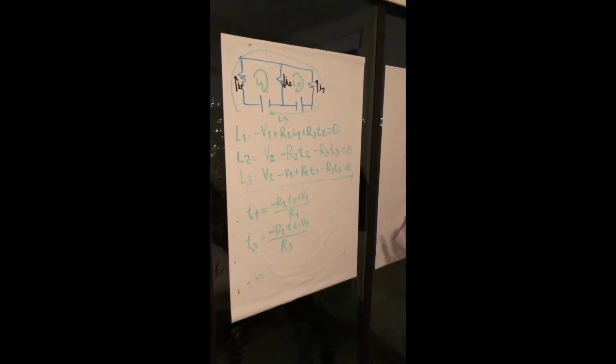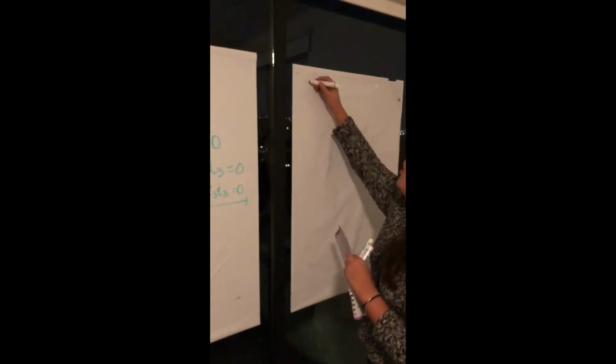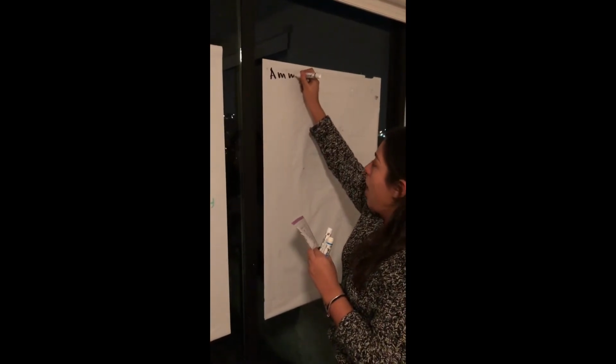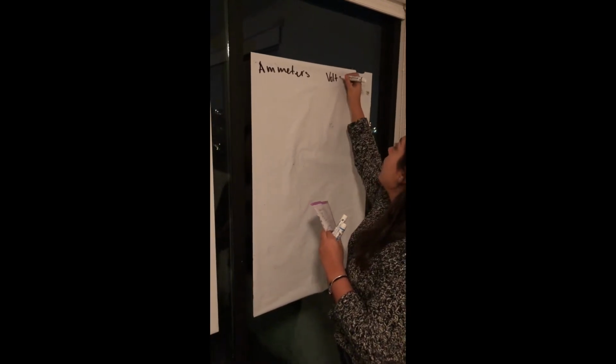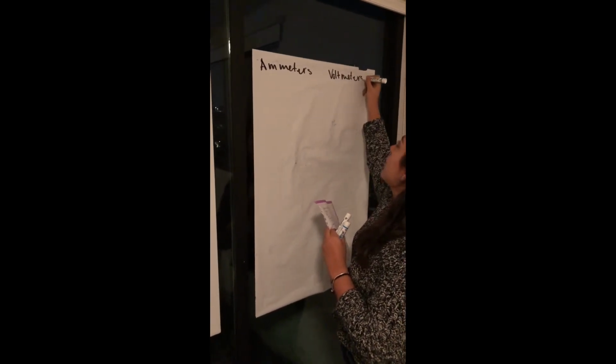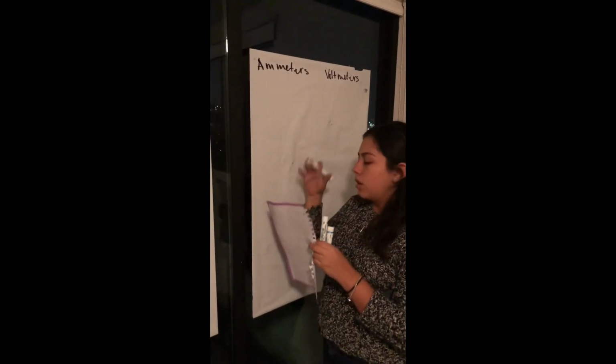We need to talk about how to measure current and how to measure voltage. So ammeters and voltmeters are the ones in charge of measuring both of these values.